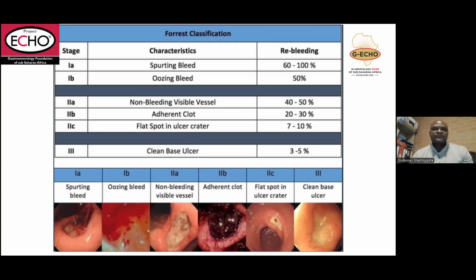In terms of the rate of rebleeding of these ulcers, stage 1A patients usually have about 60 to 100% chance of rebleeding, with stage 1B reducing to 50%, and also stage 2A, B, and C, the rebleeding rates also go down, with Forrest 3 having the lowest risk of rebleeding, about 3 to 5%.